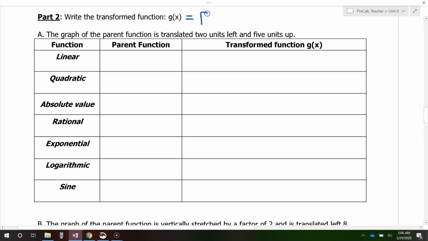If I move it 2 units to the left, that's going to be f of x plus 2. A plus 2 on the inside moves you to the left 2. If I want to go 5 units up, I'm going to do plus 5 on the outside.